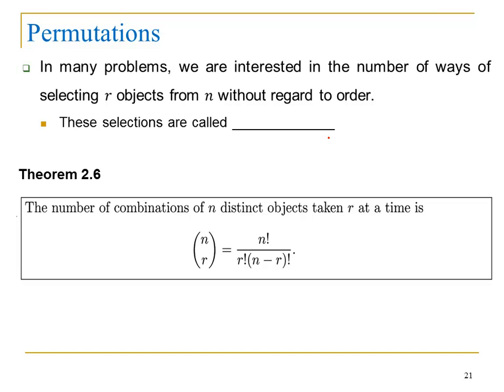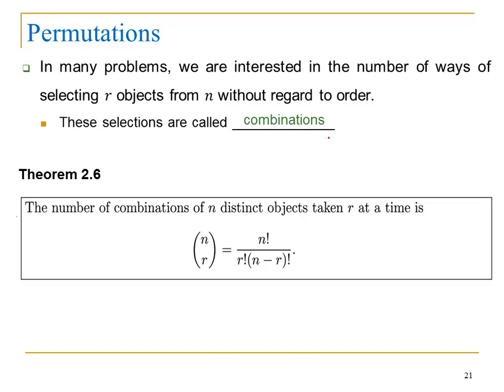So now in many problems, we are interested in the number of ways of selecting r objects from n without regard to order. So now we have a number, let's say 100 units, and we want to select from those r, let's say 20. These selections are called combinations.